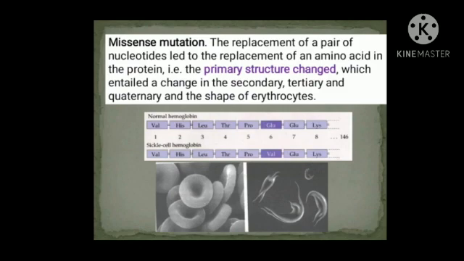And the shape of these erythrocytes you can see in the left photo. It is the normal round shape, and in the right part of the slide you can see sickle-shaped erythrocytes.